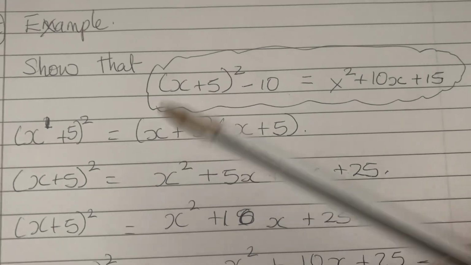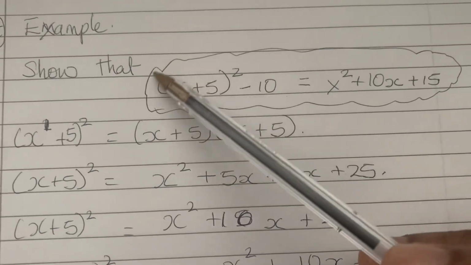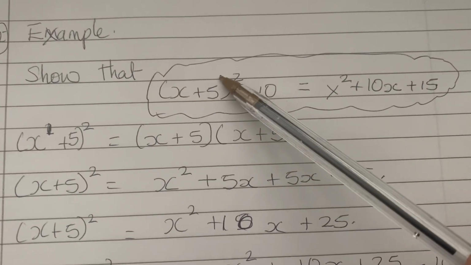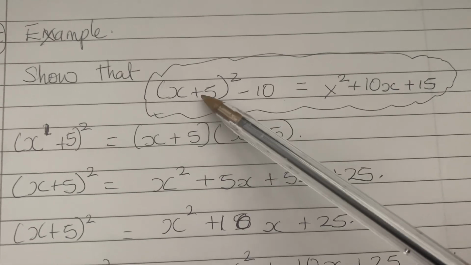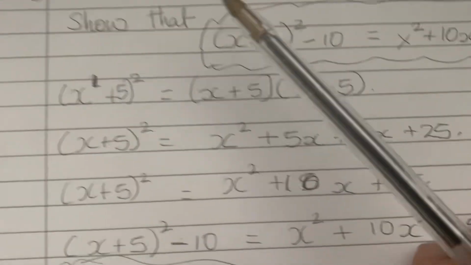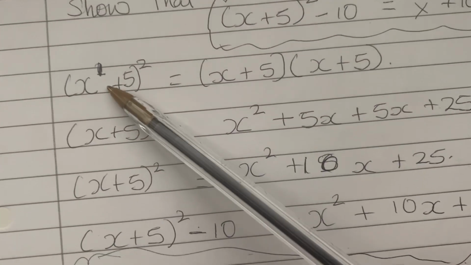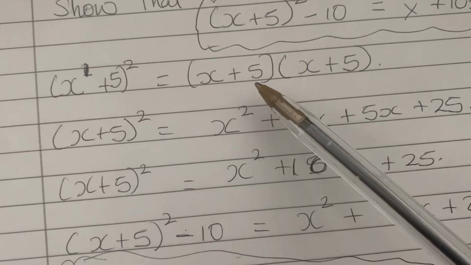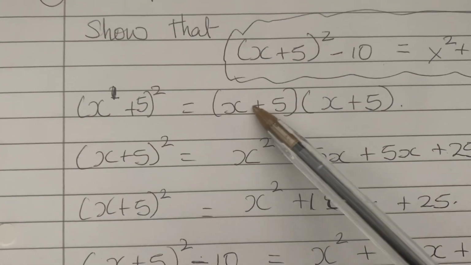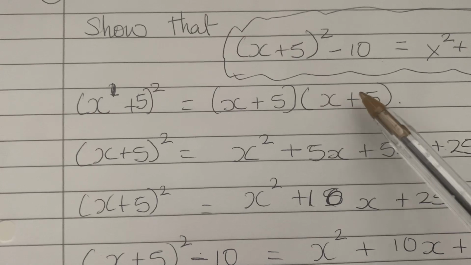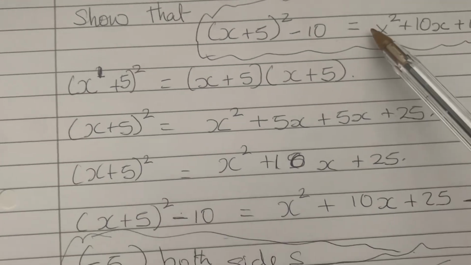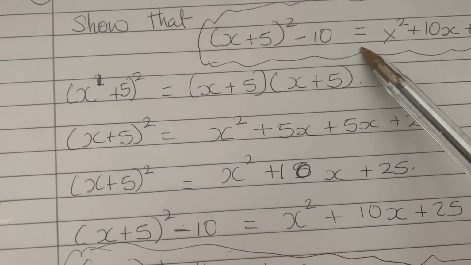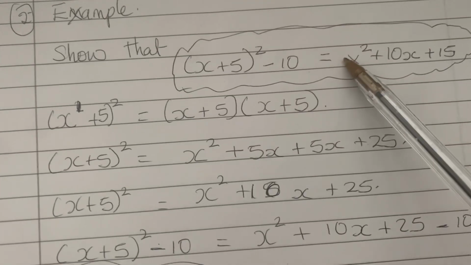So let's start with it. We'll start with this part here. So (x plus 5) all squared, we will write it as (x plus 5)(x plus 5). I've done similar things with you, but not in this way.